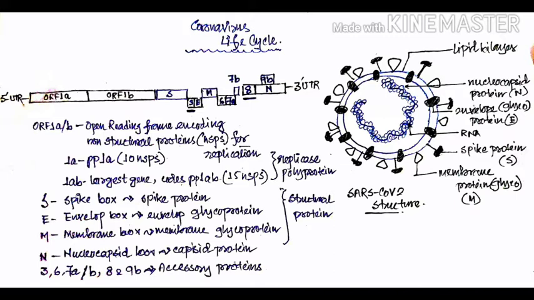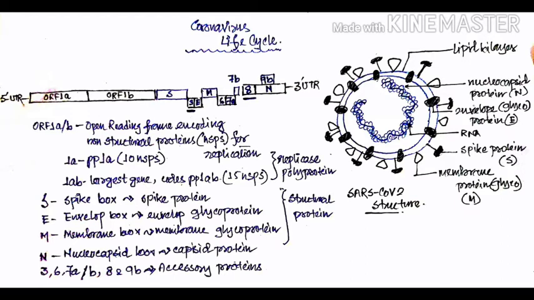glycoprotein M. If you look at the genome, you will find there are different segments such as ORF1a, ORF1b, S, M, N, E, and several accessory proteins. If you look at the ORF1ab region, those are the open reading frames which encode the non-structural proteins or NSPs required for replication.